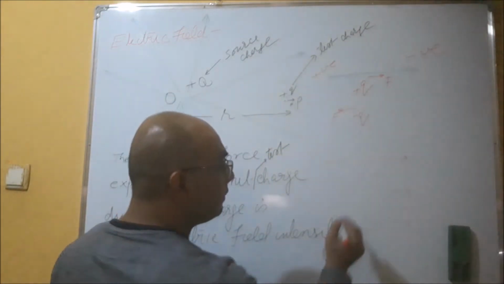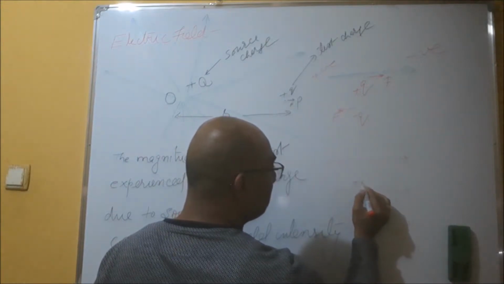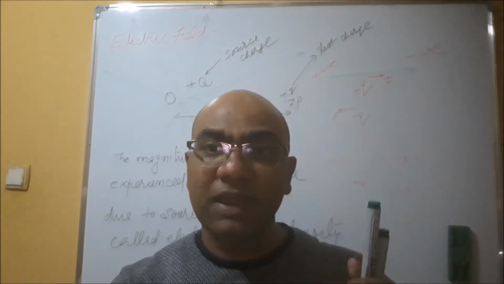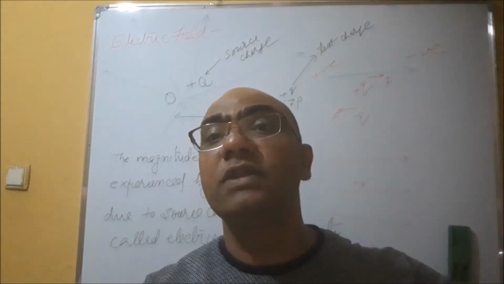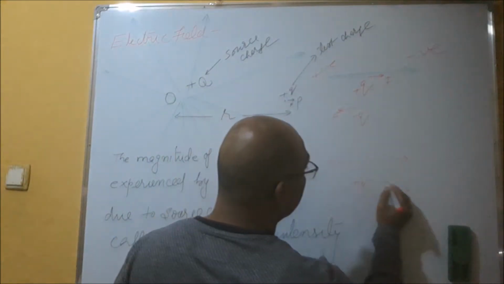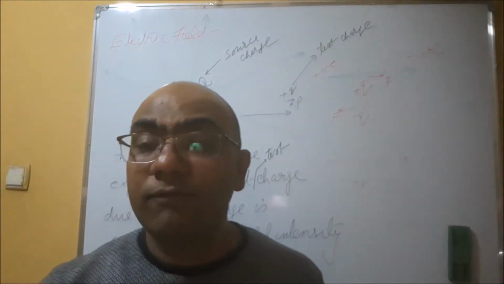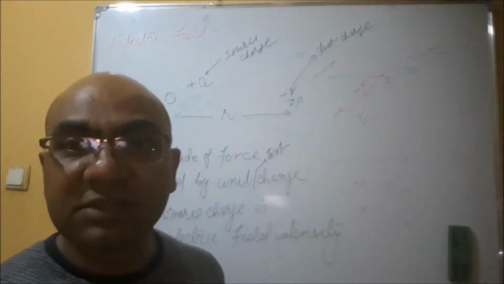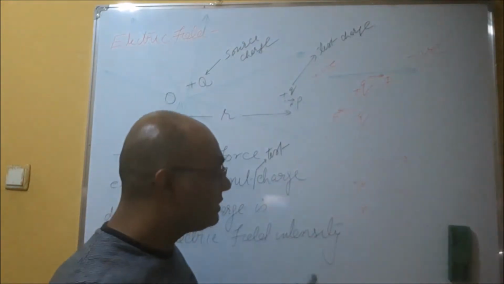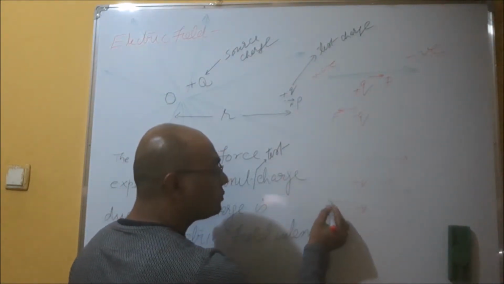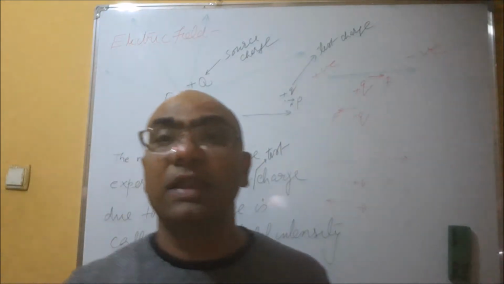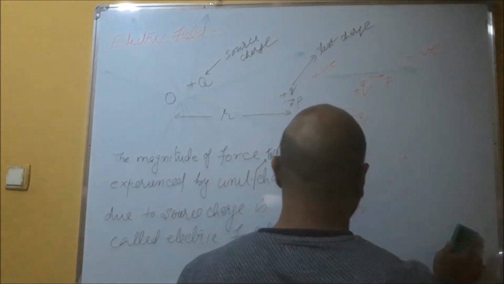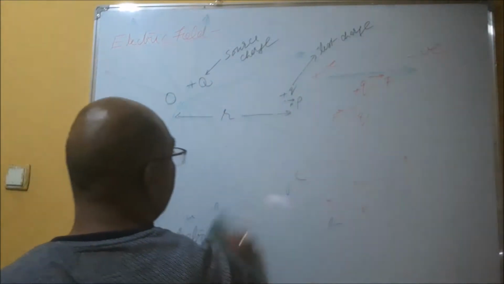So if we have a positive charge particle placed in this electric field, this positive charge particle will experience a force in the direction of the electric field. While if we have a negative charge particle, then it will experience the force opposite to the direction of this electric field. Is it clear? I'm again repeating what I am saying.